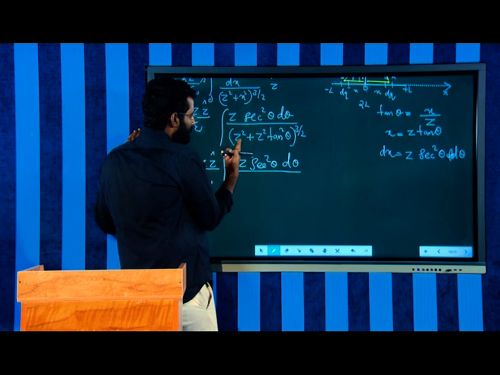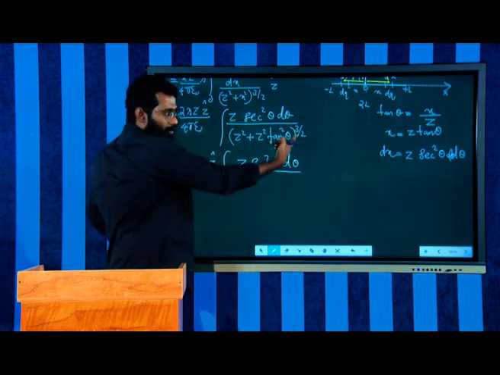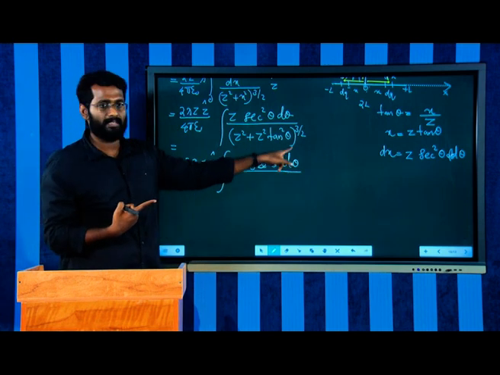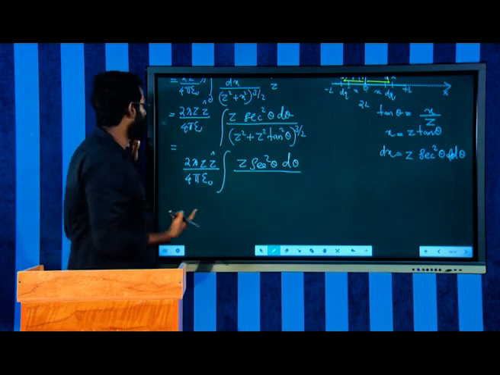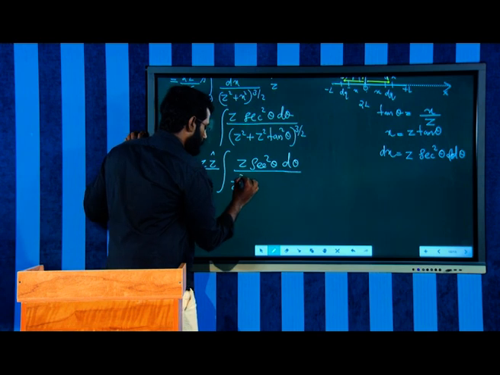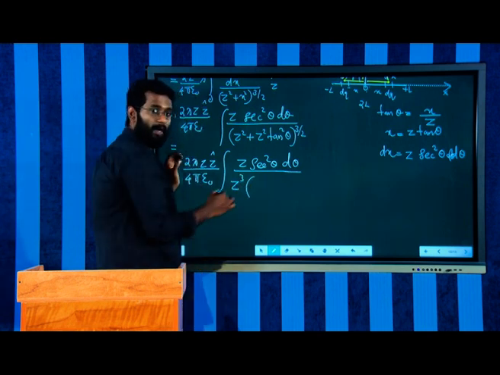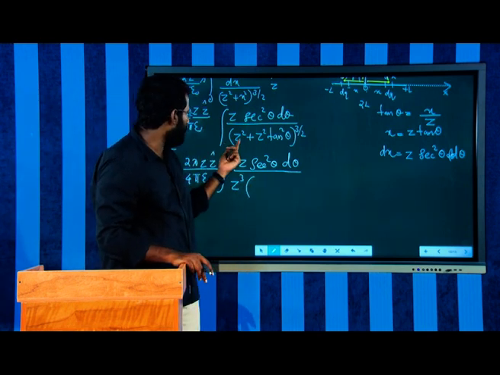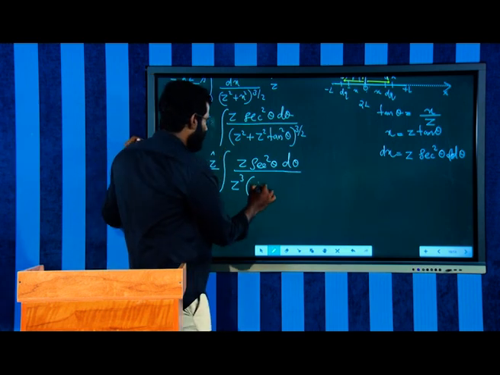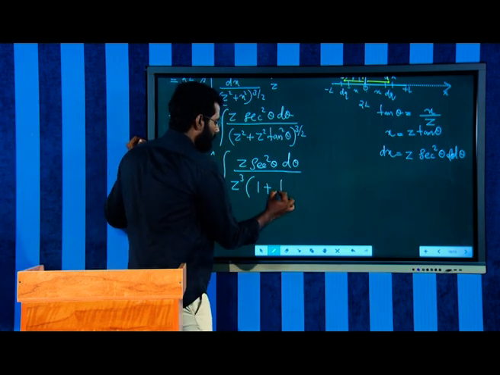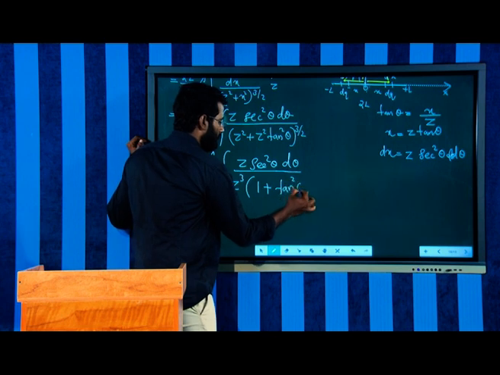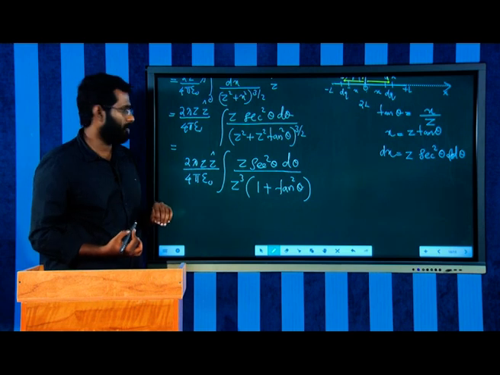When the z square comes outside, this becomes z square the whole raised to 3 by 2, so that 2 and 2 get cancelled, then a z cube comes outside. What is the remaining? Z square has come outside, that means there is a 1 plus tan square theta, so this becomes 1 plus tan square theta.